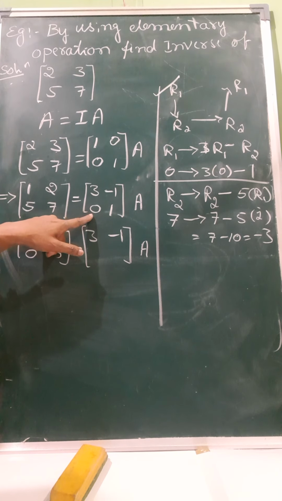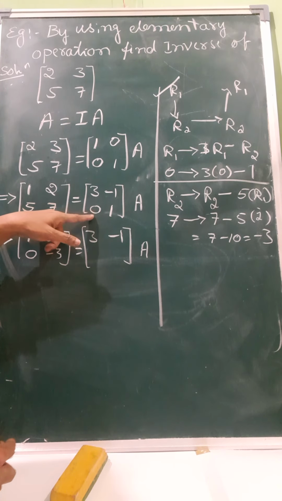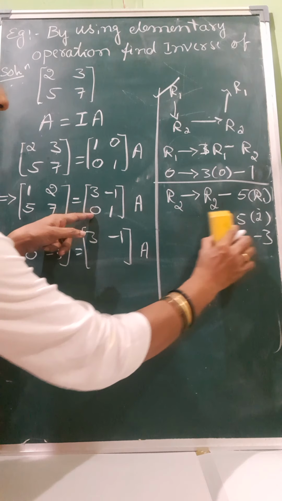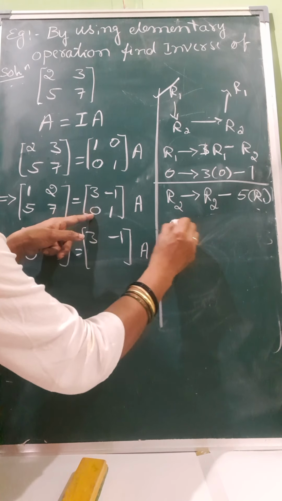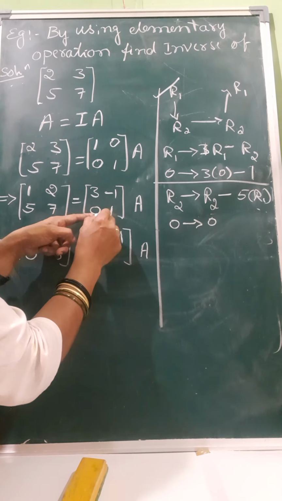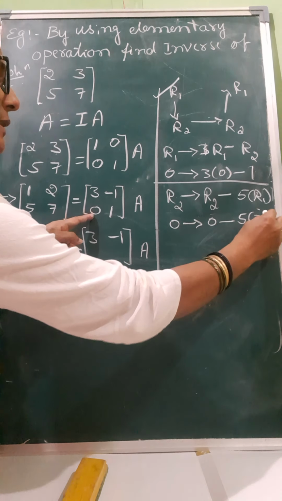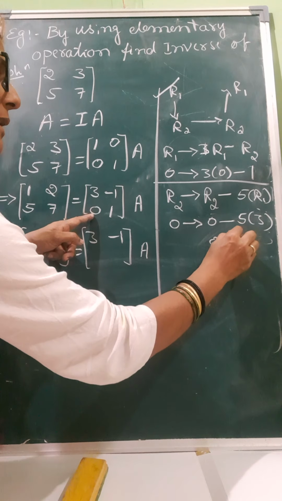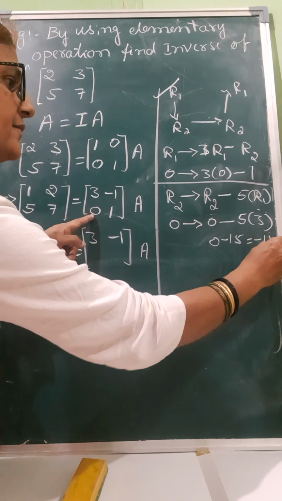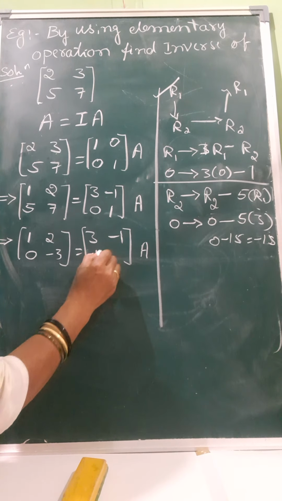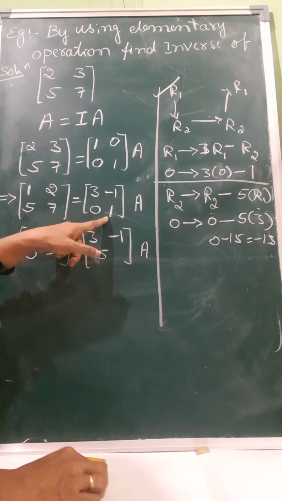Next comes to this matrix, 0. 0 changes to 0 minus 5 into 3, that is 0 minus 15, which is minus 15. And 1 is there here.